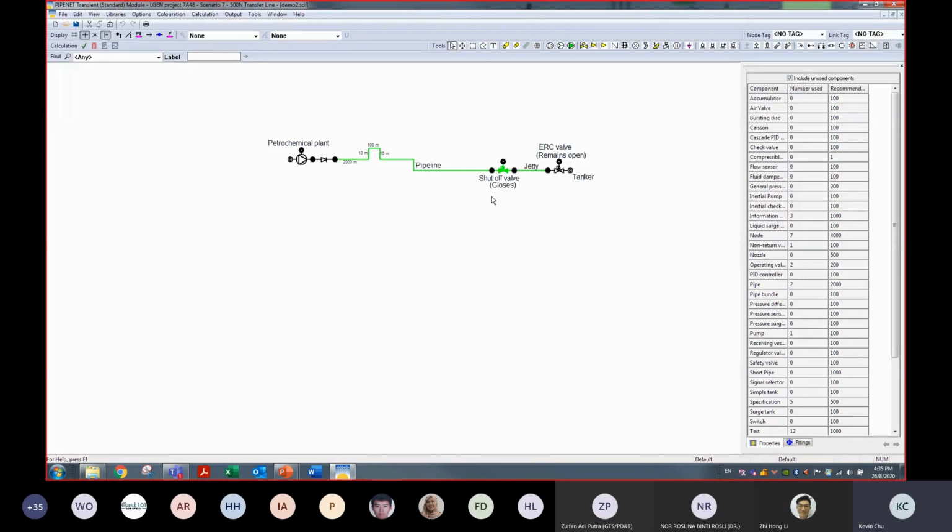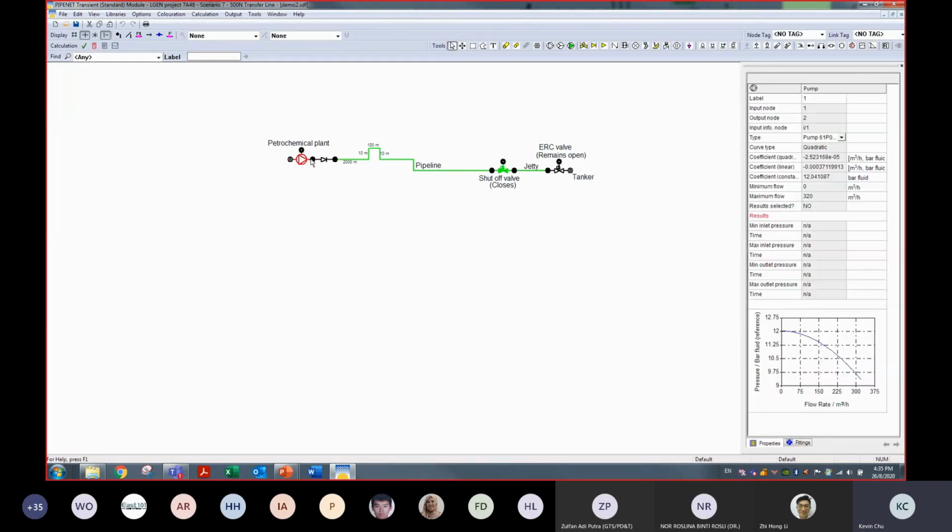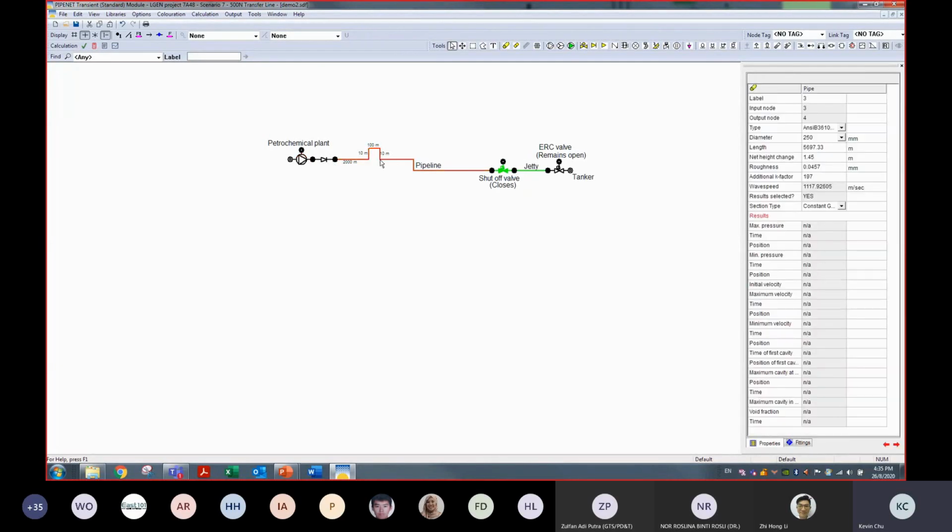We have a simple loading system which consists of a pump and piping, about 5 to 6 kilometers long, and we also have a shut-off valve and another short piping, about 150 meters, before it sends to a tanker. Basically, we want to deliver our product to a tanker through a very long pipeline before the shut-off valve, and a relatively short pipe to the tanker.